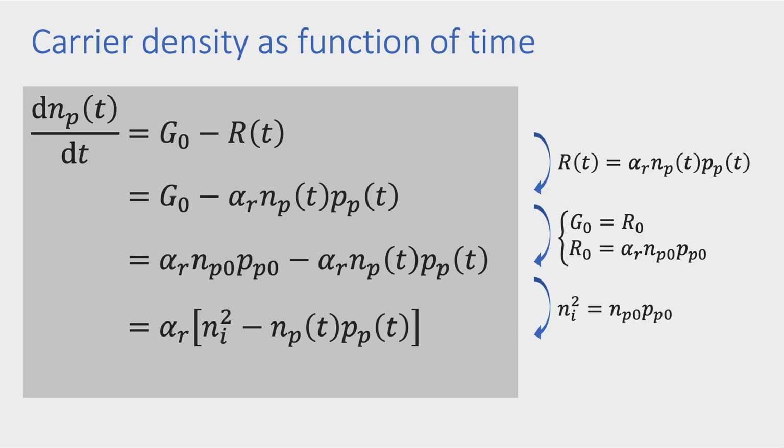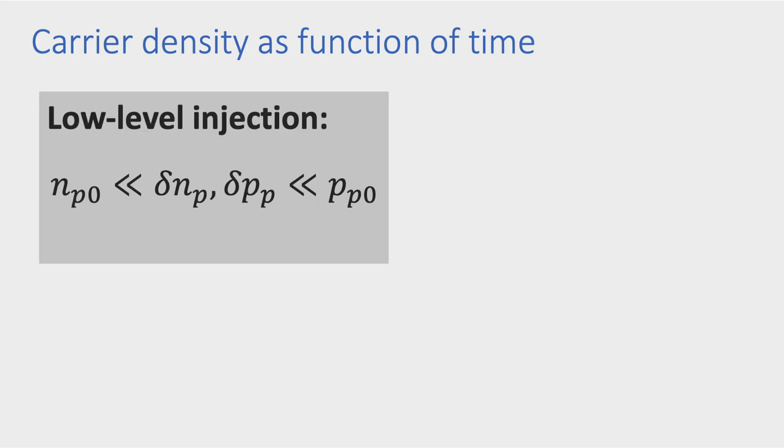At this point, we cannot solve this, and therefore we apply the condition of low-level injection. This means that the excess carrier concentration is much larger than the thermal equilibrium minority carrier concentration, in this case the electron concentration indicated by Np0, but much smaller than the thermal equilibrium majority carrier concentration, in this example the hole concentration in the p-type semiconductor indicated by Pp0.